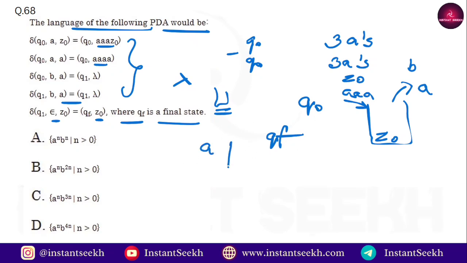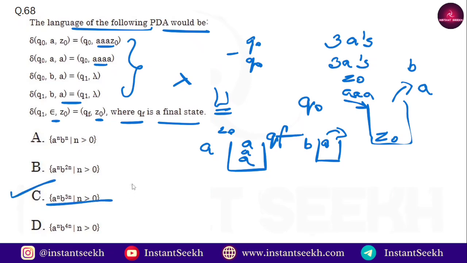For each A, the stack grows by 3 A's, and for each B, the stack loses 1 A. So the language accepted by the PDA will be A raised to N, B raised to 3N, where N is greater than 0. That is option C, the right answer for this question.